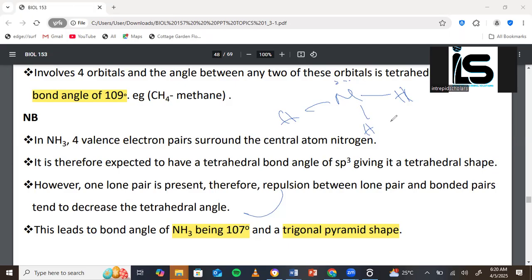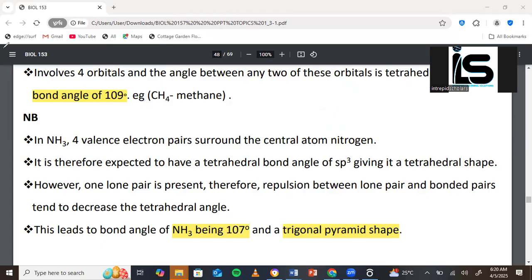And so it has reduced the bond angle from 109 to 107. The shape is trigonal pyramidal instead of tetrahedral. So that is one of them, as has been said down here.